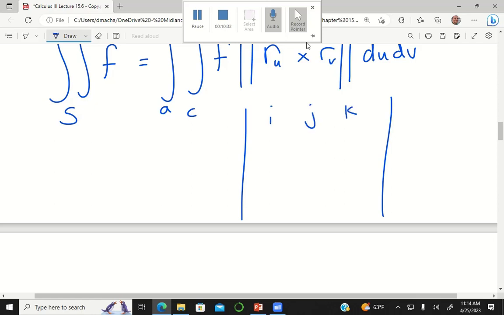The second row is going to be the partial of this parametric surface with respect to u: the partial of x with respect to u, the partial of y with respect to u, the partial of z with respect to u. And then the last row is going to be the partial of this surface with respect to v.